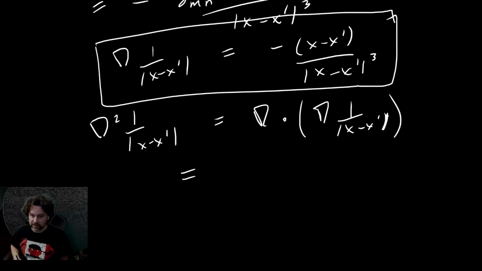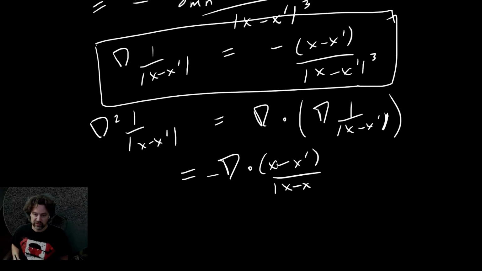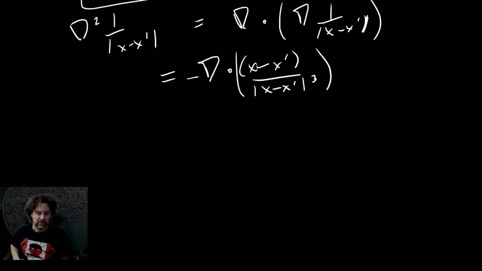And if we look at that, we have grad dot, I'll take the minus out, (x minus x prime) all over the magnitude of x minus x prime cubed. And we can do this in 2 steps.